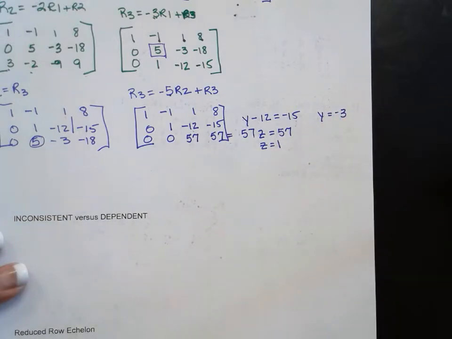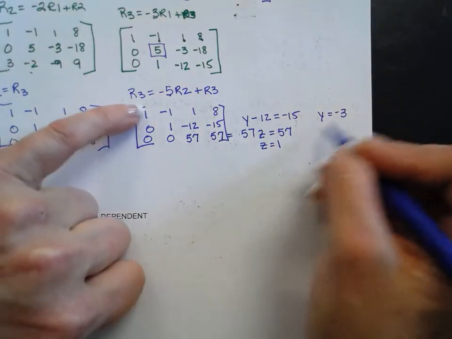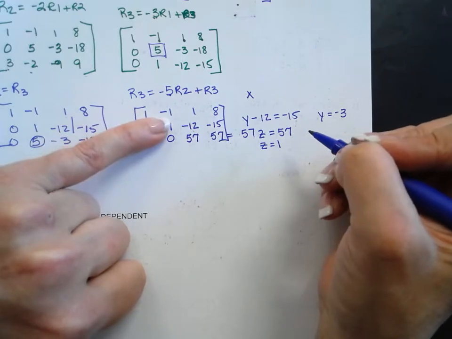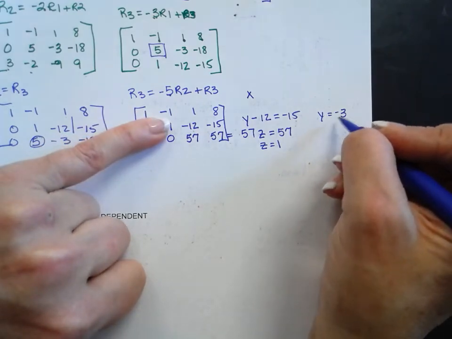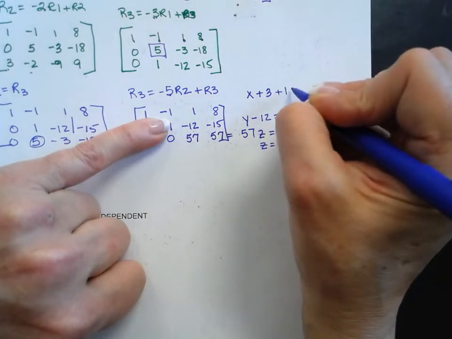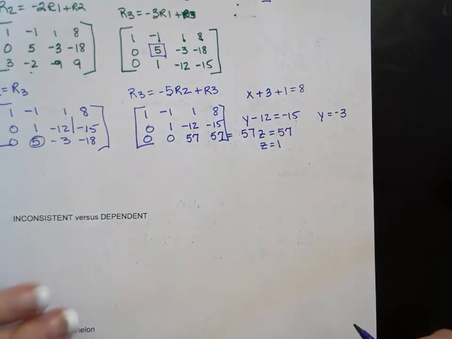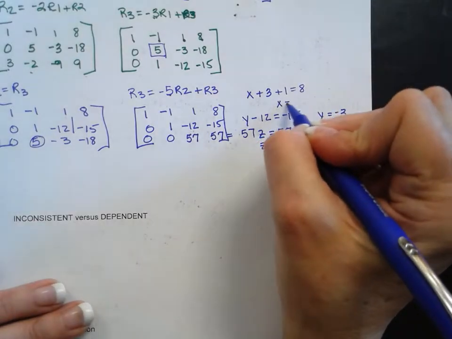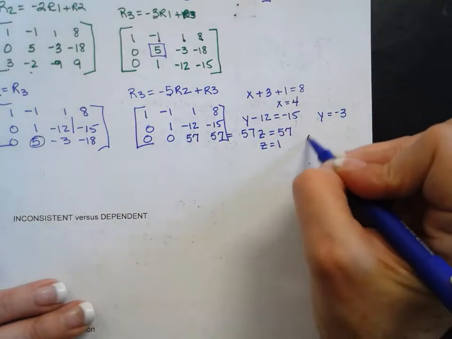And so y is going to be -3. Now I can substitute both of those into the first one. x, 2 negatives are going to give me a +3 plus 1 equals 8. And so x is equal to 4.